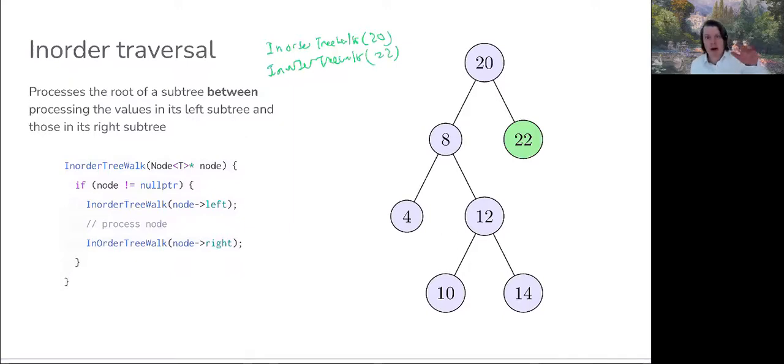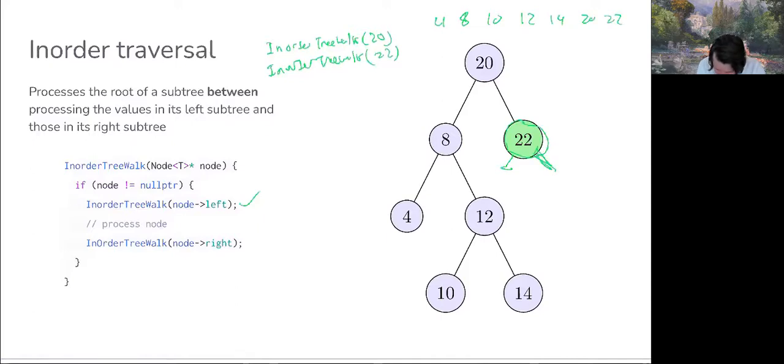I'll try and remember to put this back in the slides that get uploaded. But we'd go to 22's left, which would be the null pointer. Okay, let's return from that. We'd process the node, so 22. So at this point, we'd have 4, 8, 10, 12, 14, 20, 22.